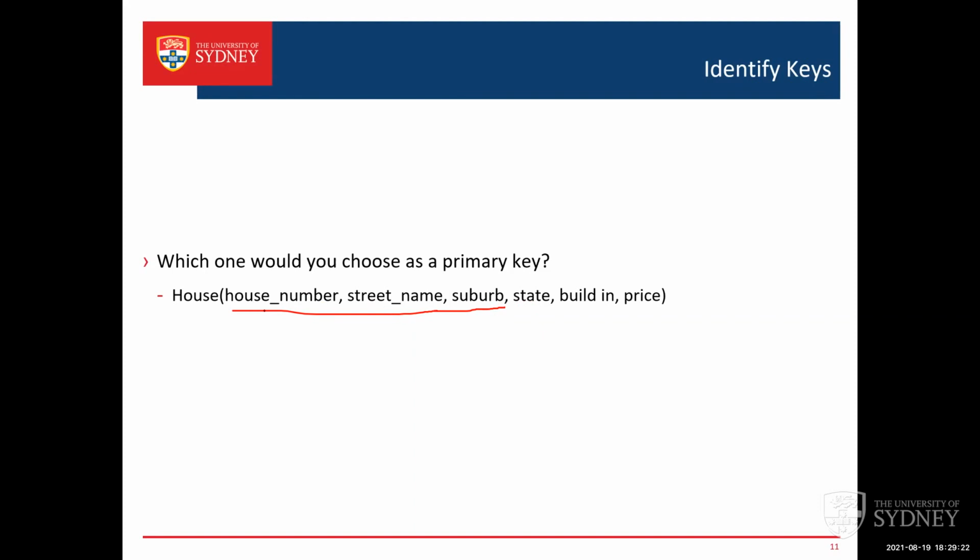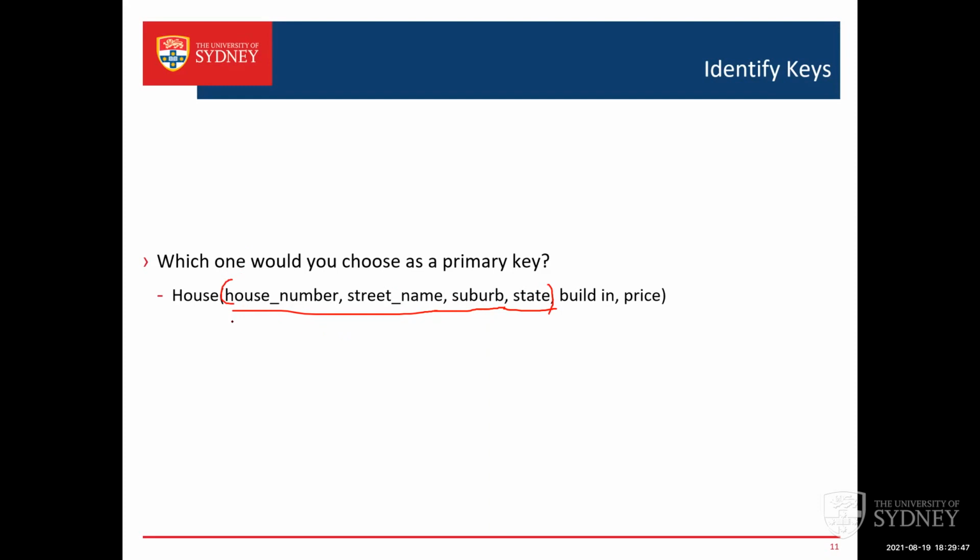So that's why I'm saying house number, street name, and suburb will be the primary key in this case. But if your specification says that one state can have multiple suburbs with the same name, at that time you need to extend it till state. So depending on the specification, you need to define your primary key. All of these will create one primary key.